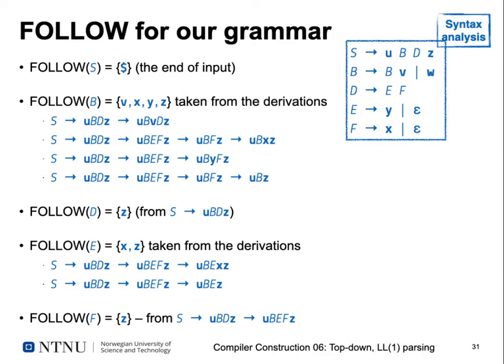For example, we go up again here and say we have D and Z. So we have this here, U, B, V, D, Z. And it doesn't really matter that there's more non-terminals, because we know there's one terminal symbol to the right of B. So V can appear as one of the follow terminal symbols following our non-terminal B.